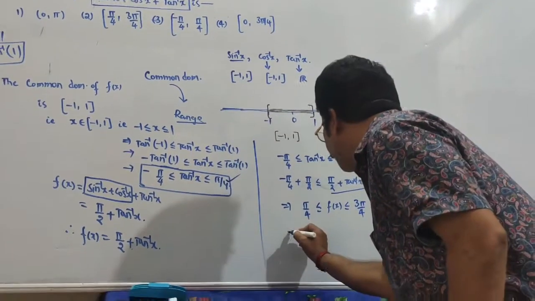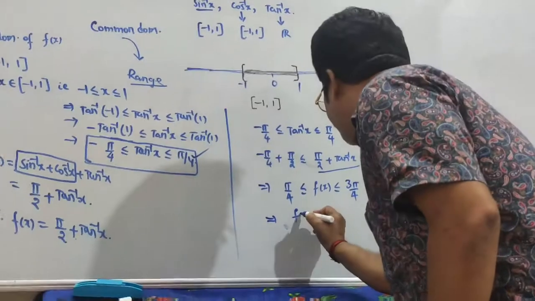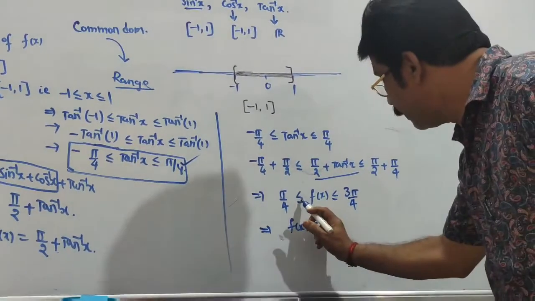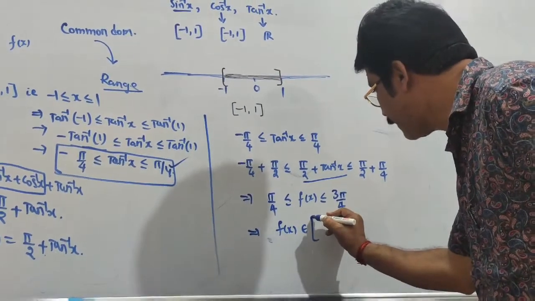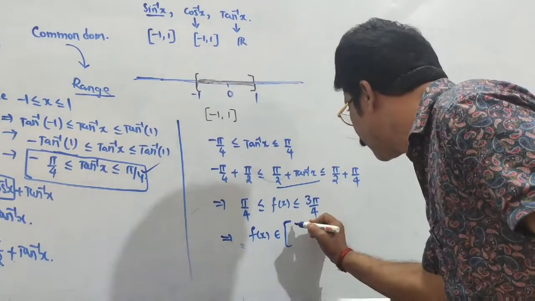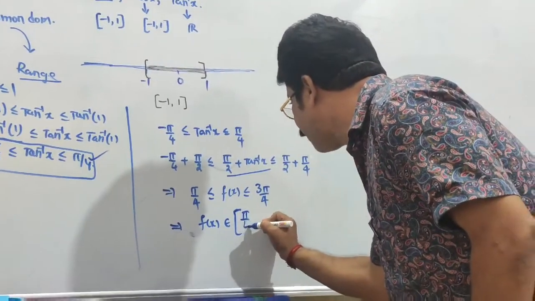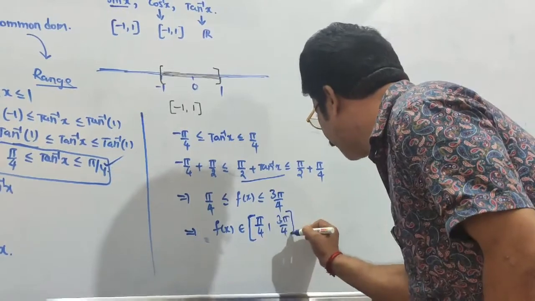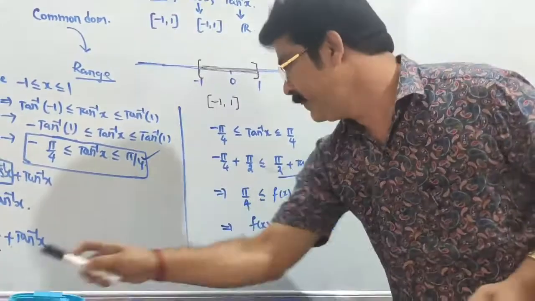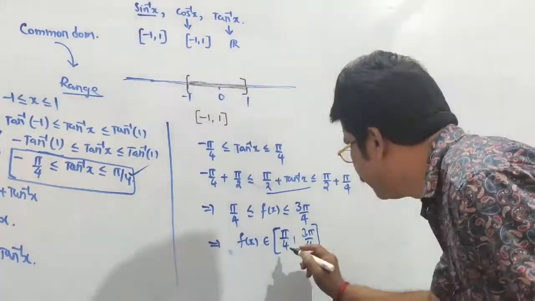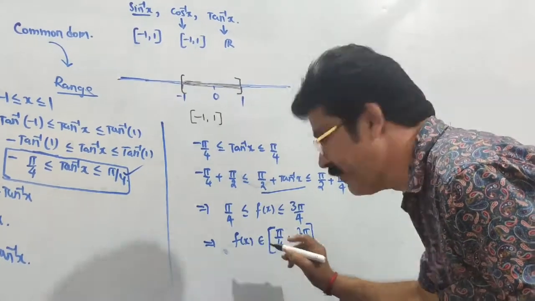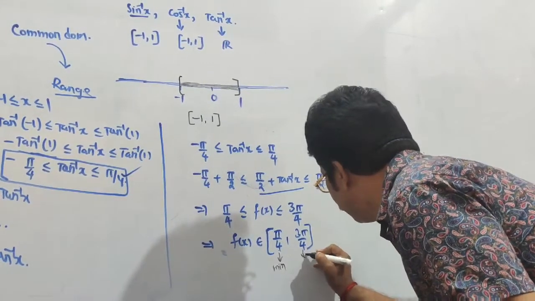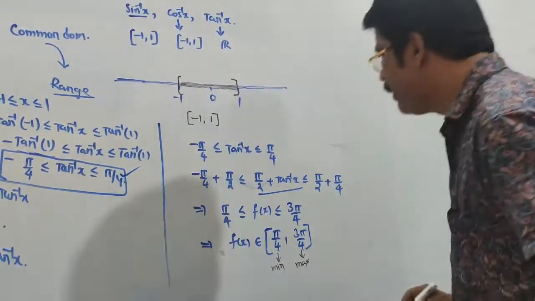So therefore what does it mean? F of x belongs to the closed interval, since equality is there. That's why I wrote closed interval. So it is pi by 4 comma 3 pi by 4. This lower bound is the minimum value of f of x. It is called the minimum value. This one is called the maximum value.